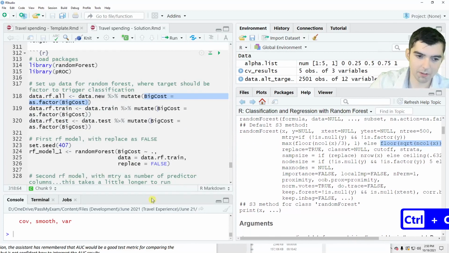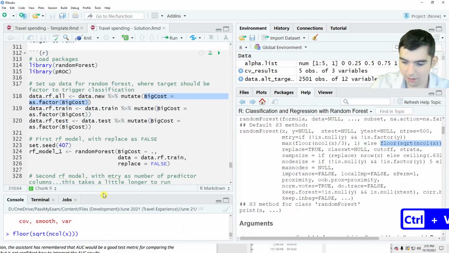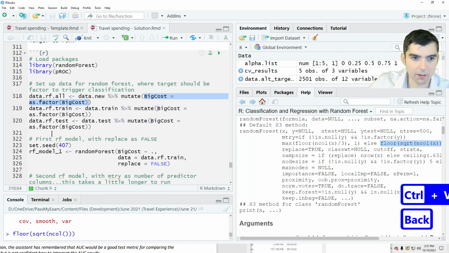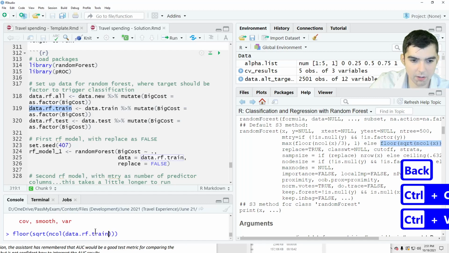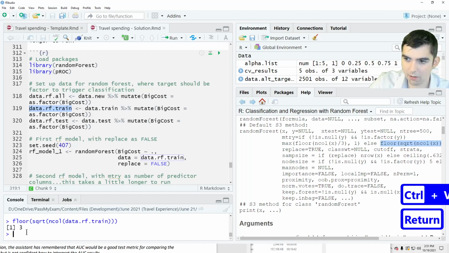So how do you know what this is? Well, put it into the console, and then replace x with your data, which is RF data train. And then when you evaluate this, it's 3.